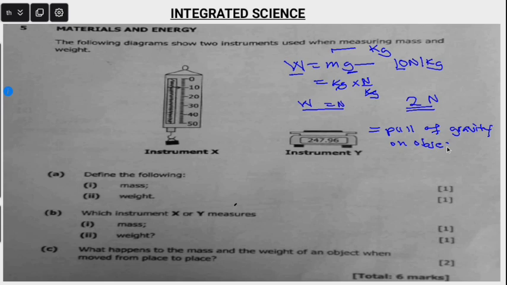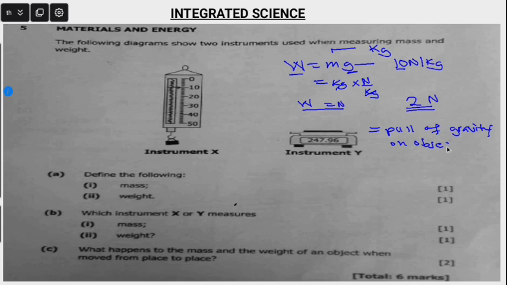The pull of gravity always goes downward. So when you hang this stone here, gravity is going to pull this stone downward. That is very important to understand. So that is what weight is: the pull of gravity on an object.